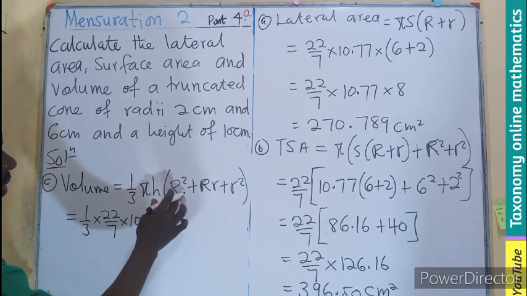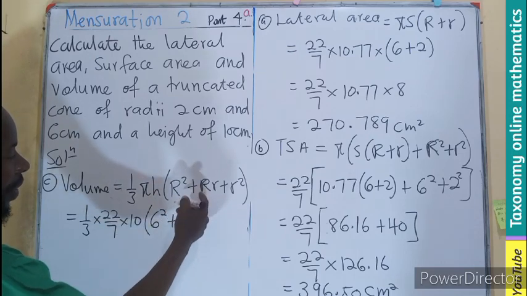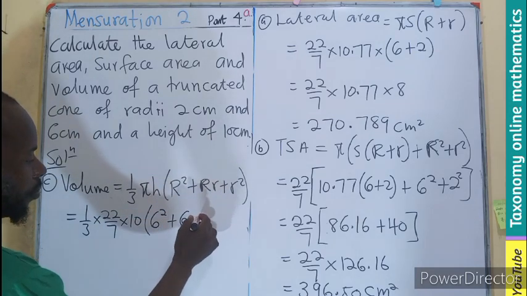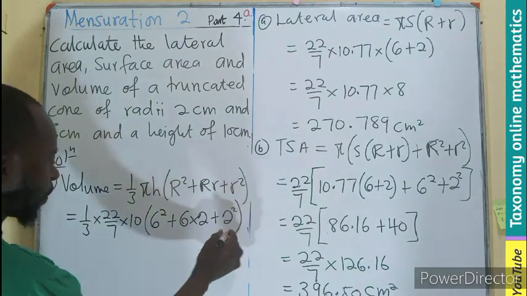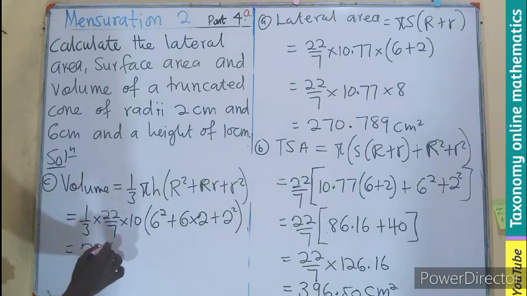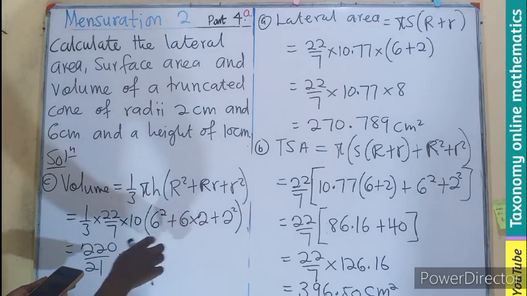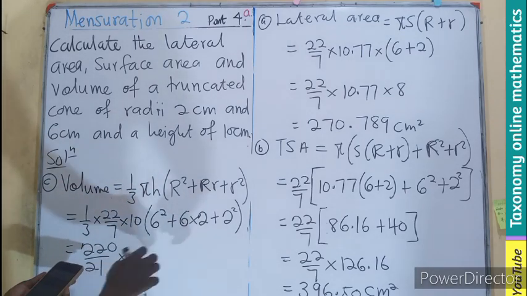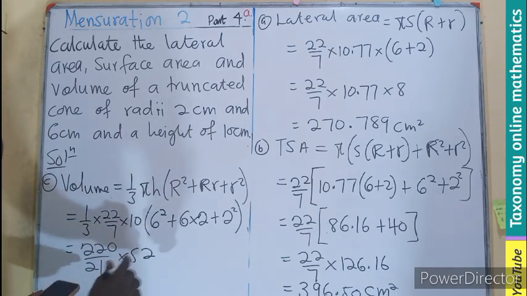Then into the bracket, the radius of the base, 6 squared, plus the radius of the base, 6, times the radius of the top base, 2, plus the radius of the top base, 2 squared. So all this will give us 220 divided by 21, times 36 plus 12 plus 4, and that will be 52.